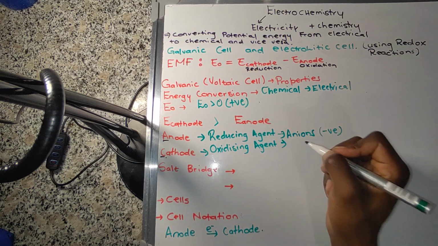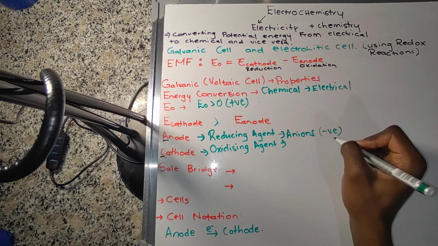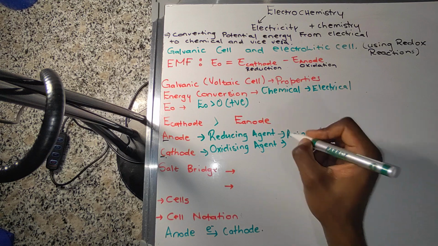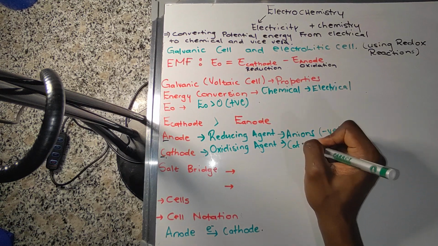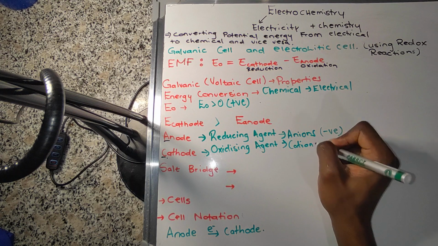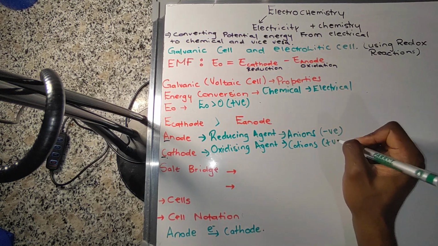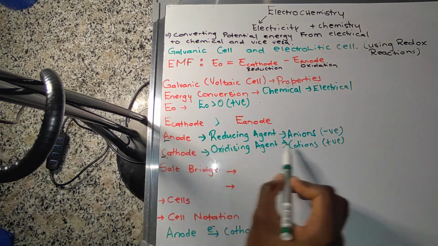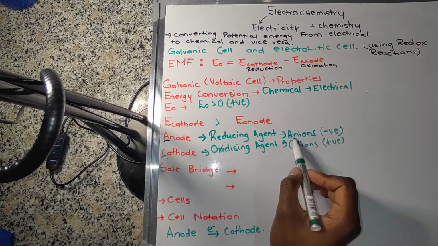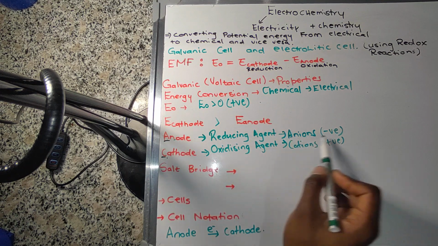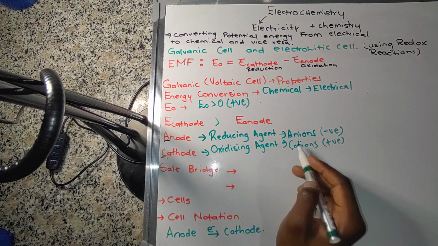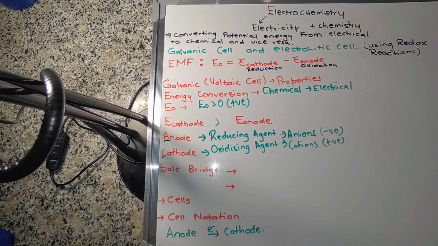And an oxidizing agent will have the positive ions in this case under galvanic. So it will have the positive ions, which we call cations. The cations are positive. I don't know if you see this, but under galvanic, you're going to have anode and anions, and you know that anions are negative, see. So now cathode and cations, and you understand that cations are positive.